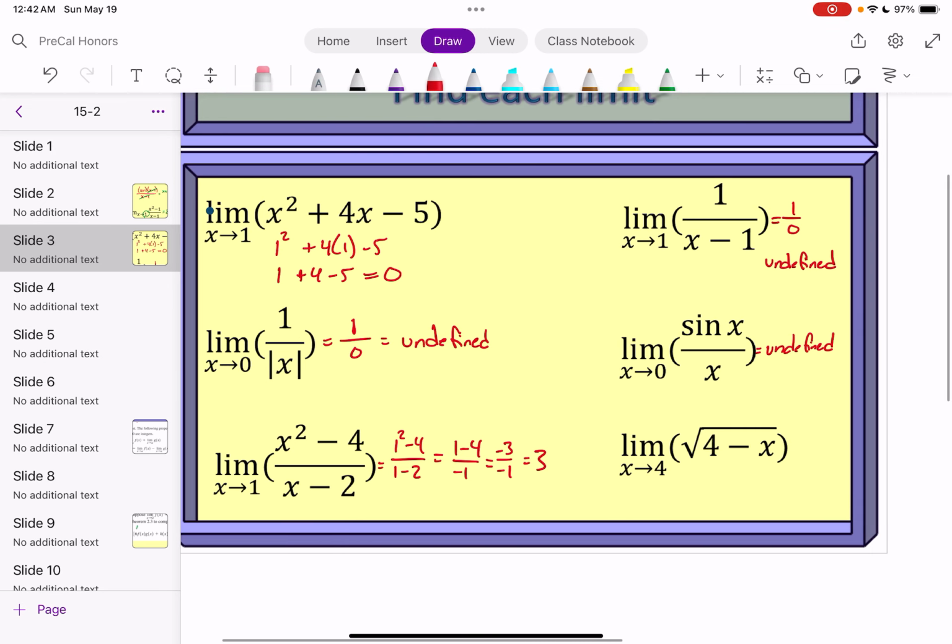On our last sample problem, we have the square root of 4 minus 4, which would end up with the square root of 0, which will give you 0 as a final answer. So the most important thing to realize here is that if a denominator is 0, it will give you undefined. But if you can solve that problem because the denominator does not equal 0, you would plug your x value into the problem.